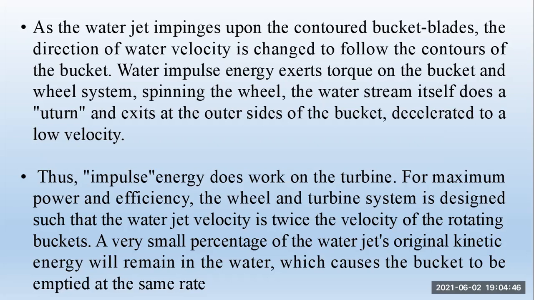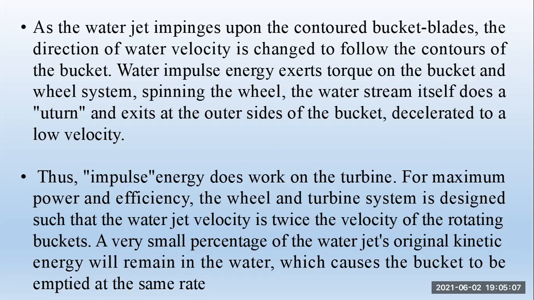The water stream itself exits at the outer side of the bucket, decelerated to a low velocity. Thus, impulse energy does work on the turbine for maximum power and efficiency.